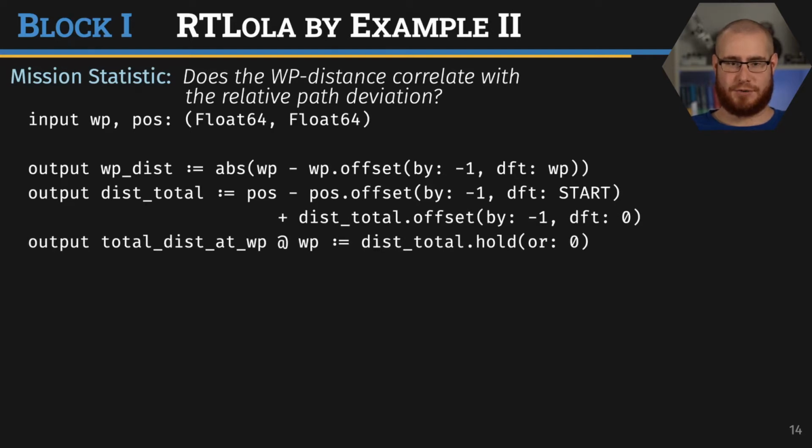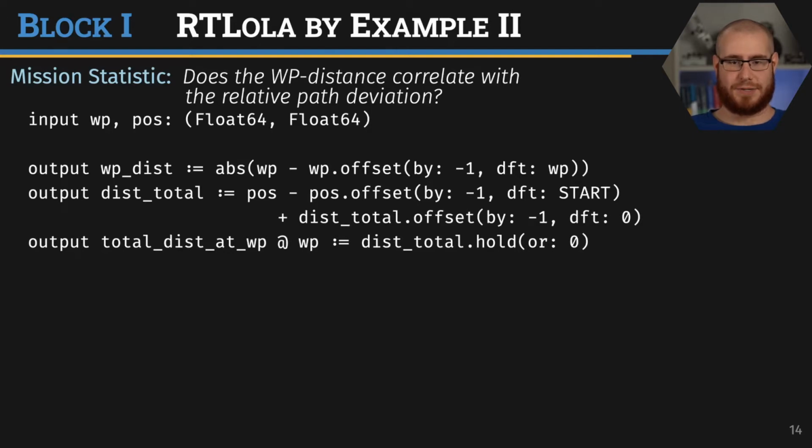So whenever we reach a waypoint, we want to see what is the total distance we have traveled so far. And to access this stream, we need to have an asynchronous lookup. In this case, we use a hold operation where the default value would be 0. So now we know that the stream total distance at waypoint and waypoint distance work on the same timing.